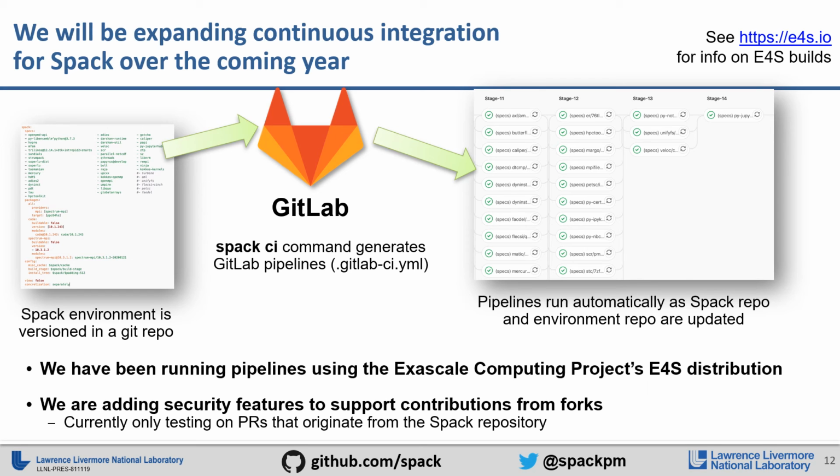And then once that is used to verify that the package works, once a human has approved it, we will build a binary package for that thing again on develop in a more secure environment. And so what this is going to enable us to do is not just test E4S on things that make it into develop or things that come from the core Spack repo, but we'll be able to test on every PR and really keep this stack robust.